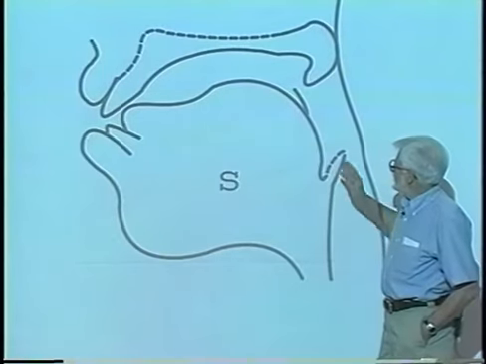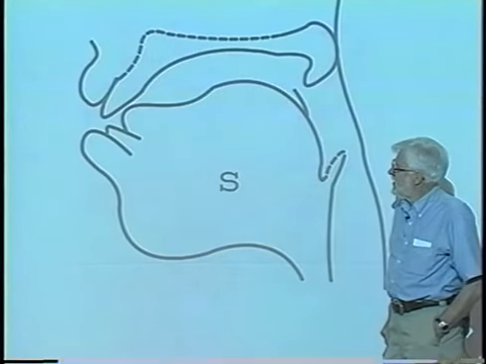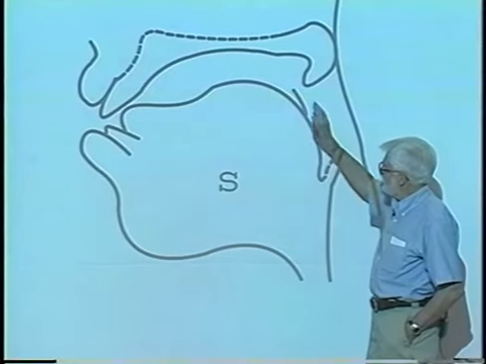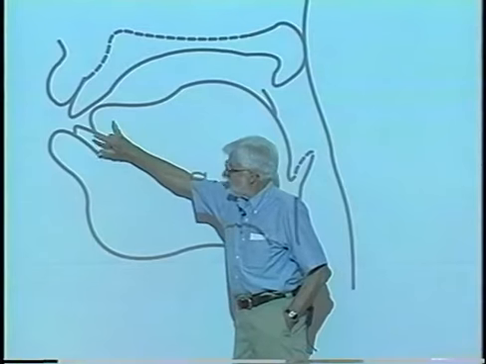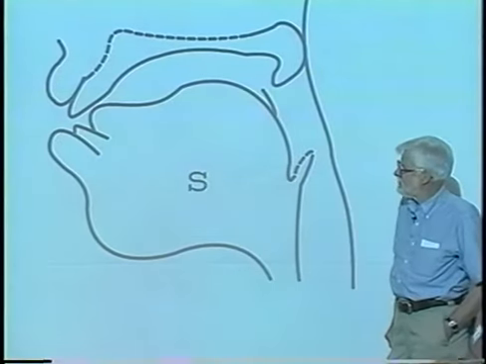So you can think of this whole vocal tract as having a set of natural frequencies. Most of those natural frequencies are associated with the back cavity, but at least one of the higher frequency natural frequencies is associated with the front cavity.